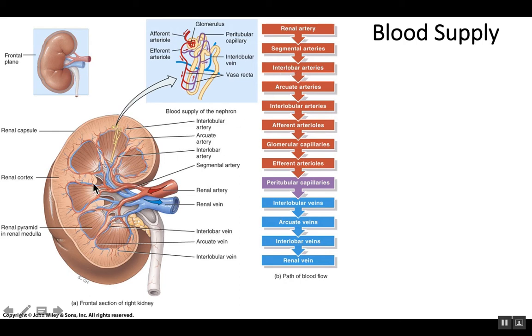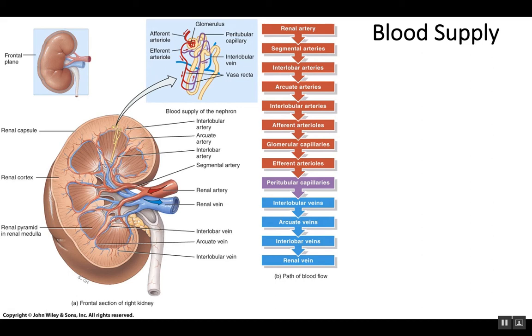Lobar refers to the fact that quite often we think of a kidney as different lobes, and those go in between the lobes. Then they arc, so they're called arcuate. Then they go out into the cortex, where they are called interlobular.